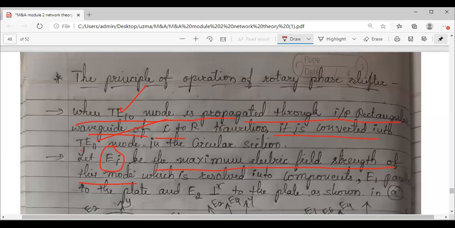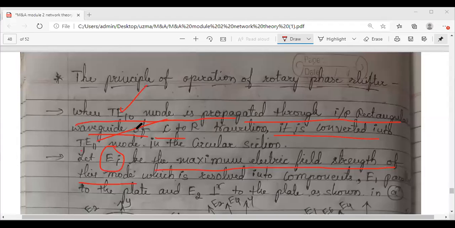So tell me, whether electric field intensity E is a scalar quantity or a vector quantity. We are assuming that EI indicates the maximum electric field strength of the mode, and as you said, electric field is a vector quantity.